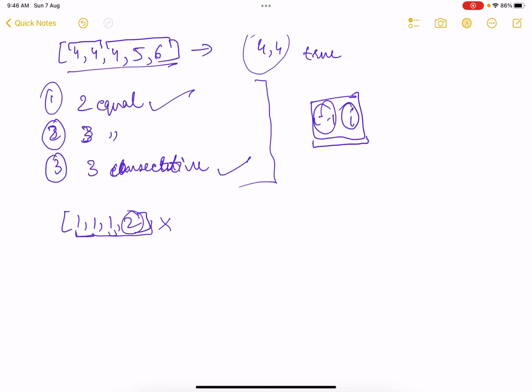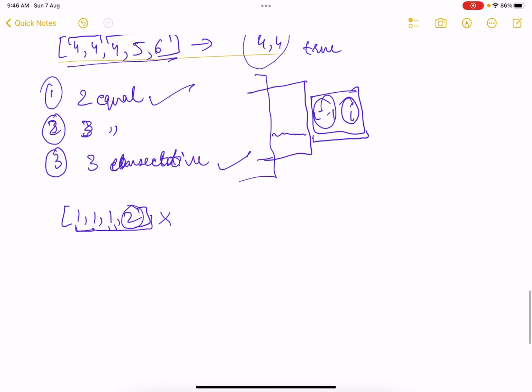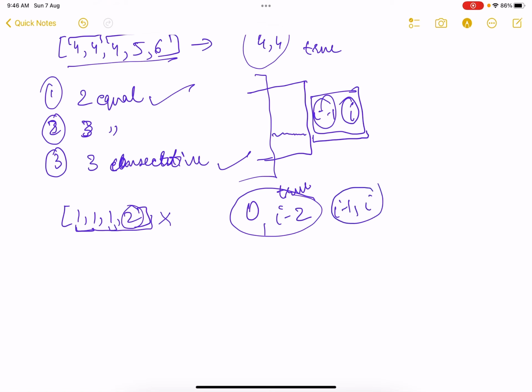So if I have calculated whether the elements before i minus 1, or I would say this subarray from 0 to i minus 2, were able to form a valid partition, if this was true, then I know i minus 1 and i are forming a valid partition by the first condition if these two elements are equal.